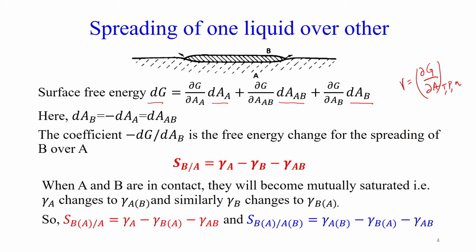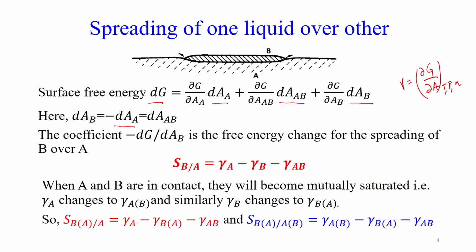If there is an interaction between A and B, the change in the area of B will be minus the change in the area of A, and that area should be the same as the change in the area of the interface.